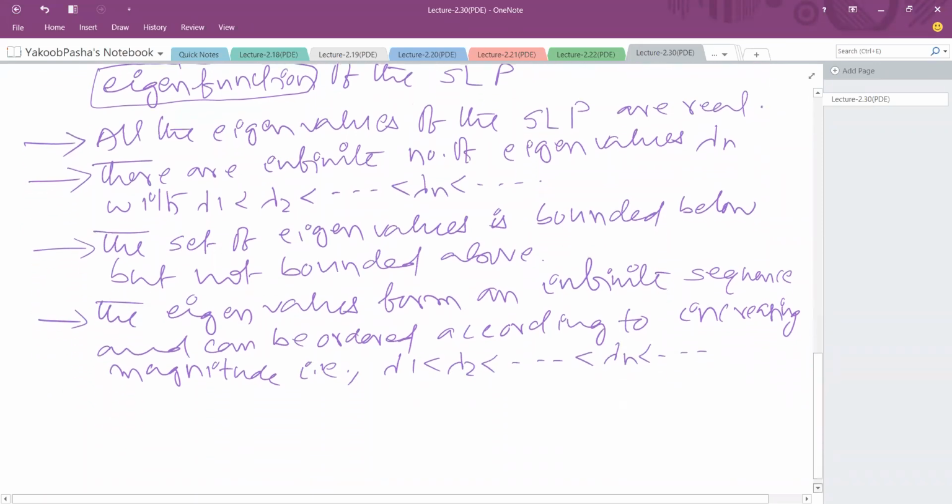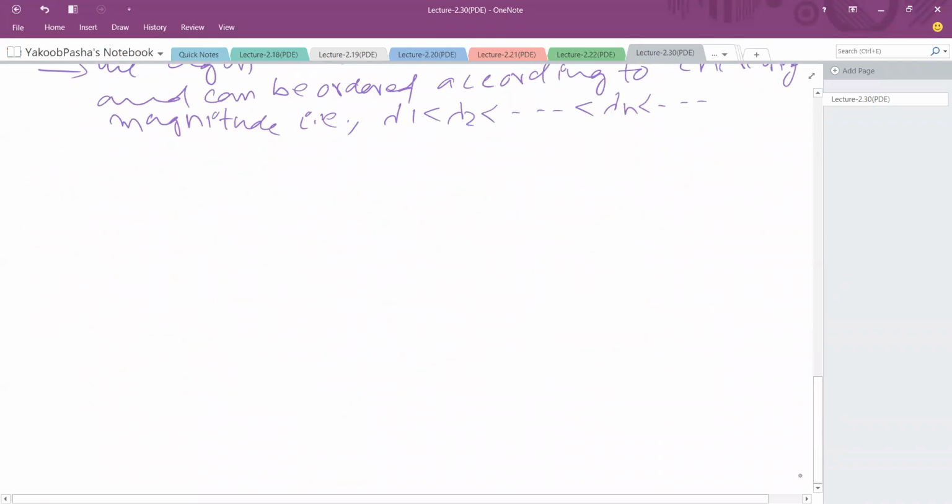In this case, when n tends to infinity, lambda n tends to infinity. Therefore we say that lambda n approaches infinity as n approaches infinity.